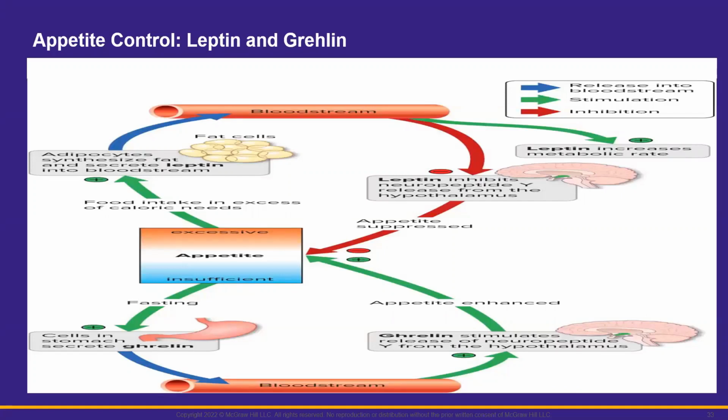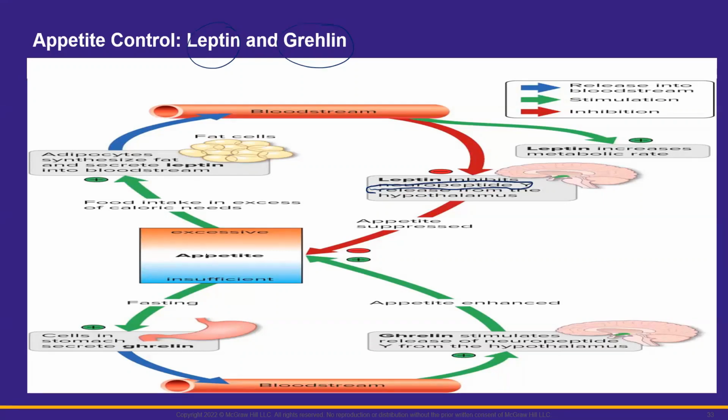Now, this is going to be negative feedback control for appetite. Remember, two hormones are involved here, leptin and ghrelin, and the main substance is neuropeptide Y, the main substance that increases the appetite.